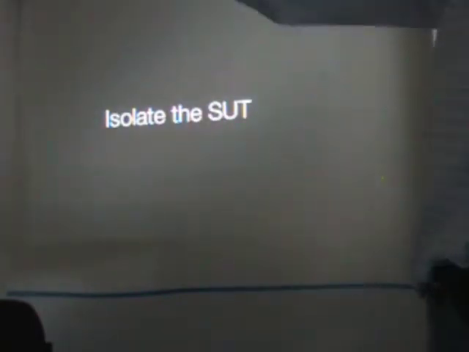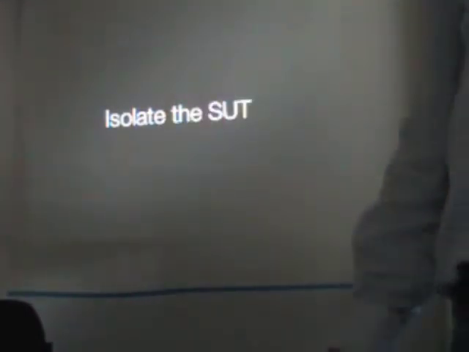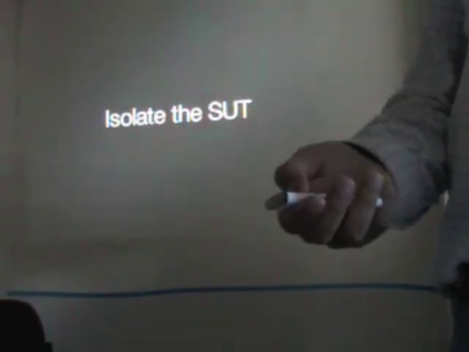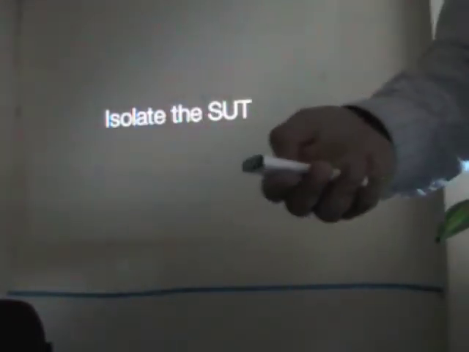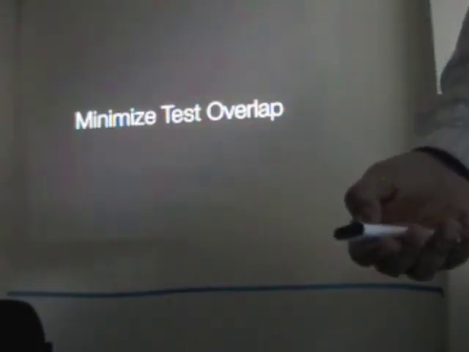So you can replace a layer, it's all isolated, so you isolate the SUT. If you have this well-designed architecture, you can isolate the SUT easily and test it easily in isolation. The benefit of isolation is that it allows you to run the tests faster, okay? And it does not depend on the order in which you run the tests.